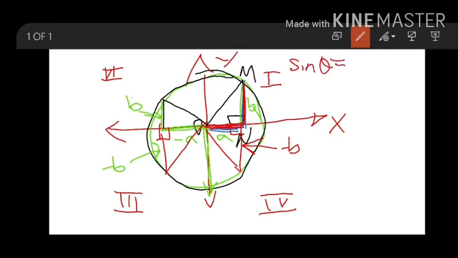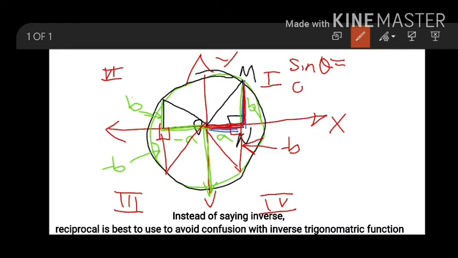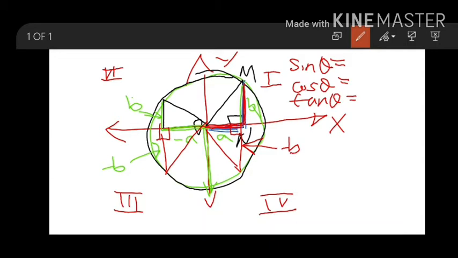We know that sine theta, cos theta, and tan theta, if we know these three values, we can easily find out the other remaining three values, that is cot theta, sec theta, and cosec theta, because they are just the inverse of these three, sine, cos, and tan. The inverse of these three ratios will give us the rest of the ratios. Okay, that is cot, sec and cosec.